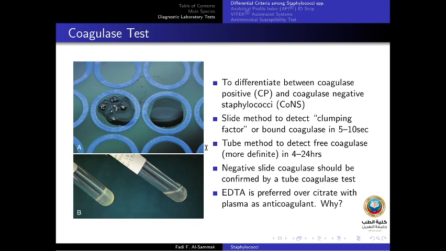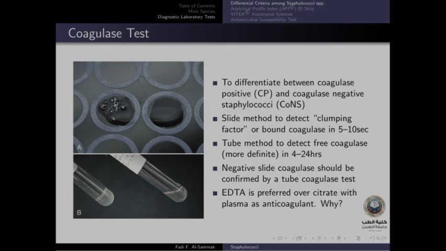Then we emulsify the colonies in each drop. We mix and rock the slide for 5 to 10 seconds. Then we check for clumping or clot formation. If there is a clot, then it is positive. As you can see here in this slide, the clot formation is very clear.